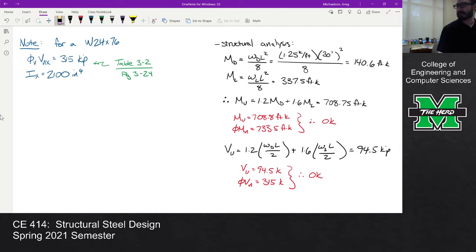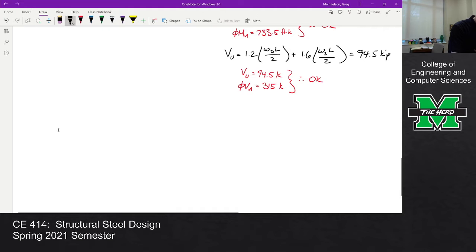Speaking of live load, let's do a deflection check real quick just to make sure that we're all comfortable with it. So I'll just do that down here. So first off, we have a WL of 3 kips per foot. We have a length of 30 feet. We have an E value of what?